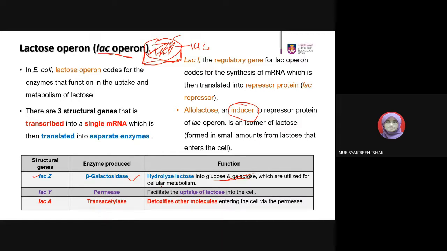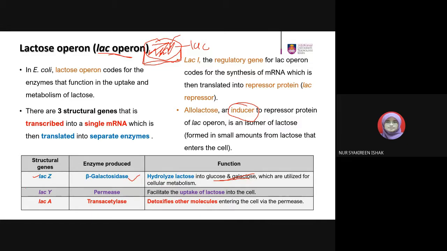So once you have broken down lactose, a disaccharide, into its monomers, glucose and galactose, then only the bacterial cell can undergo normal cellular metabolism, cellular respiration to produce energy in the form of ATP lah. So this allows the bacteria to live on, okay, because it has energy to live on.